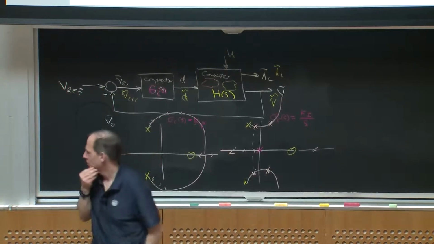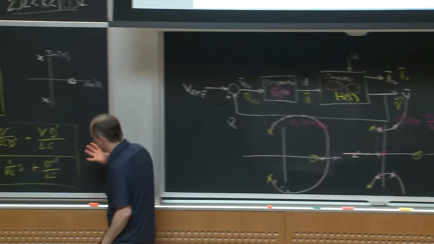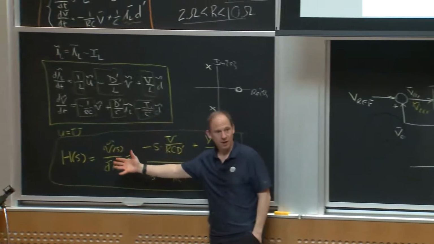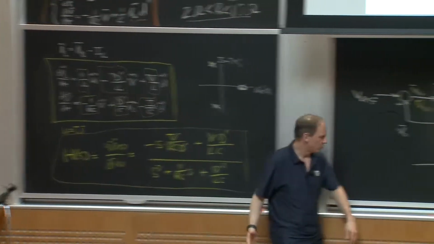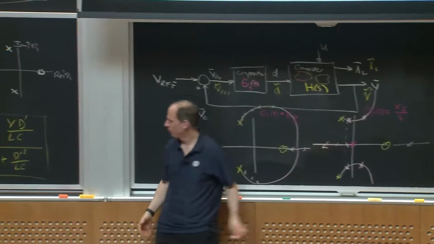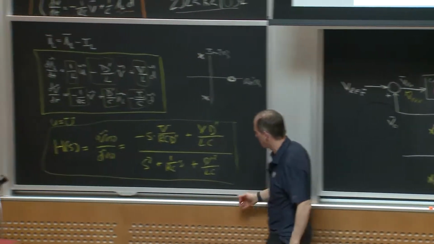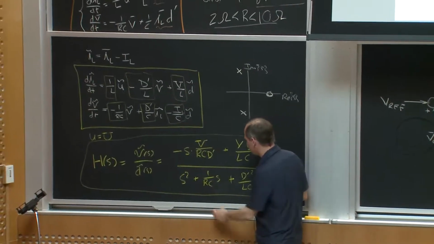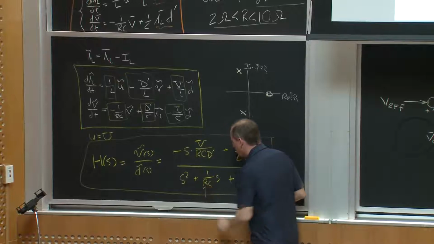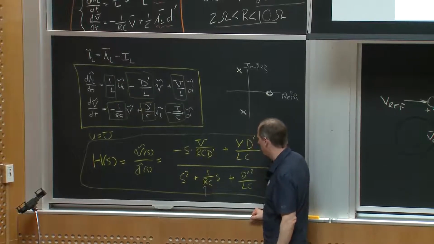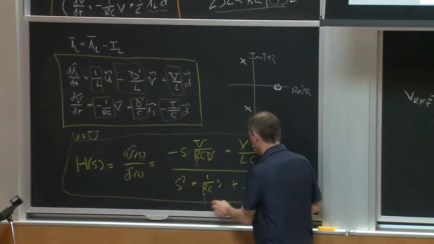Firstly, we got to remember that this transfer function varies with operating condition, right? So if I'm at a different value of load resistance, I'm going to have a different 0 location, and I'm going to have a different pole location.